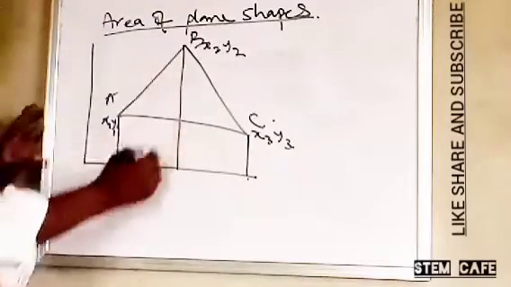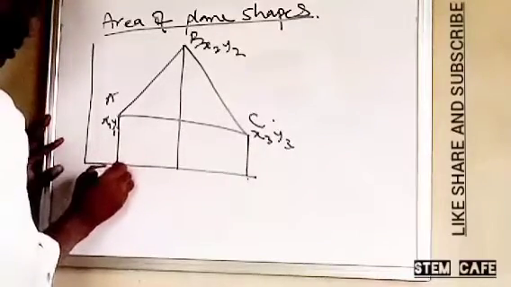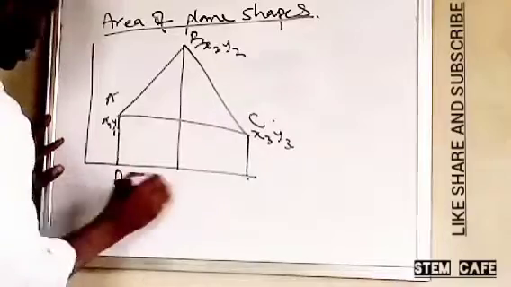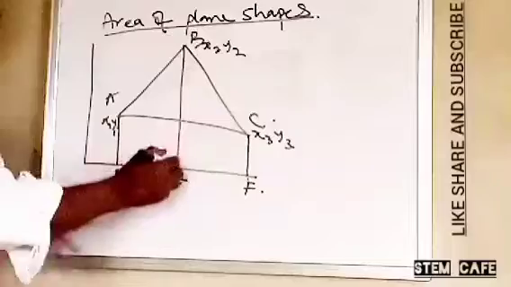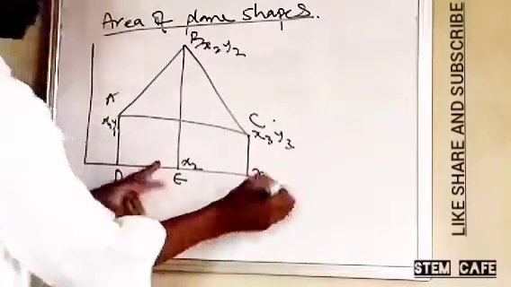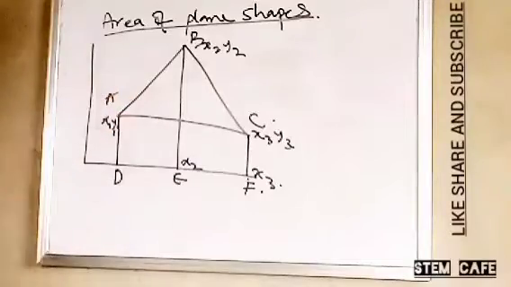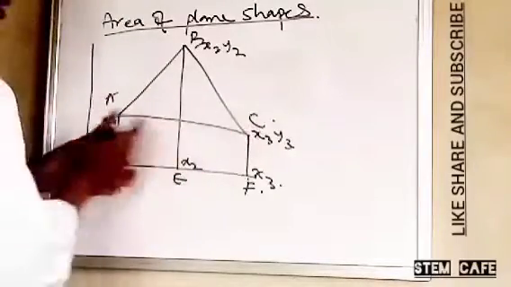Now, if you cut the x-axis, let's say D, E, and F, I know this place to be x2 and this place to be x3. To find this, what will I do? I can easily see trapezium.